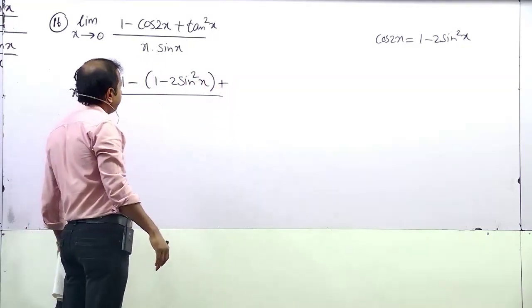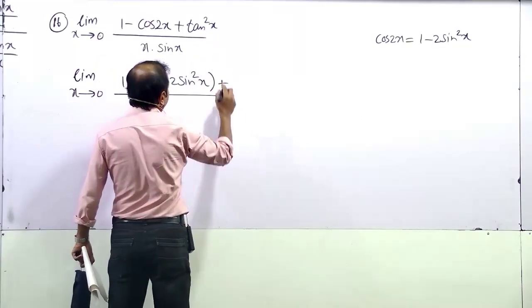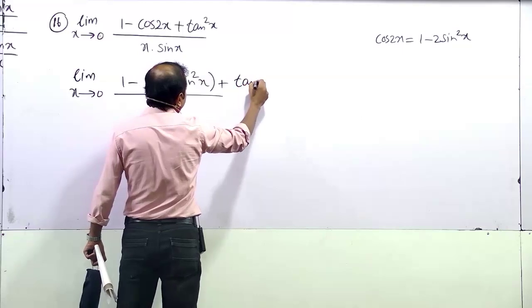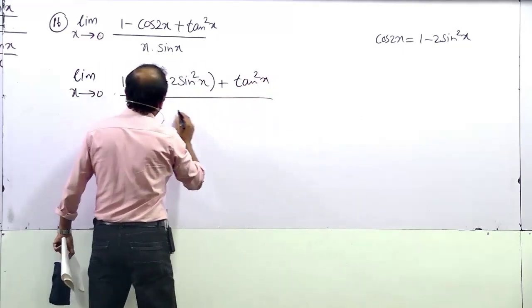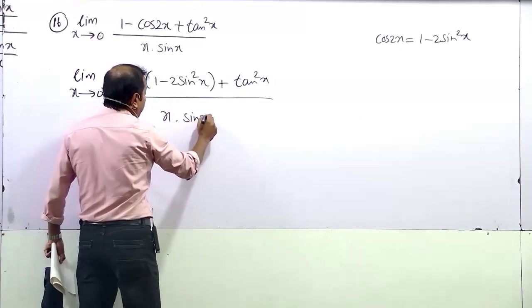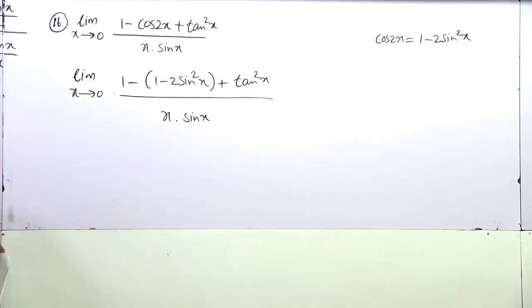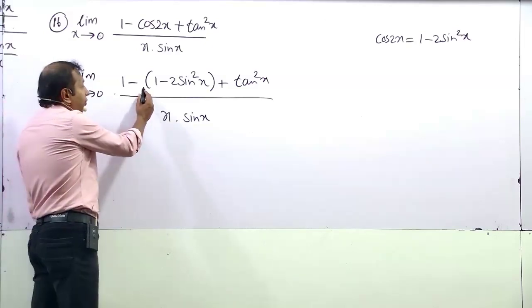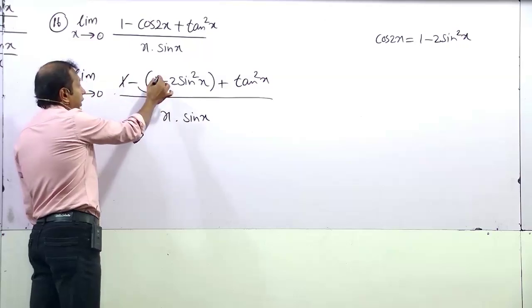Right. Here is tan squared x. I write that first like this, and x into sin x. Once we remove the bracket by multiplying this minus sign, what happens, people? This one will be minus 1. These two we can cancel down.